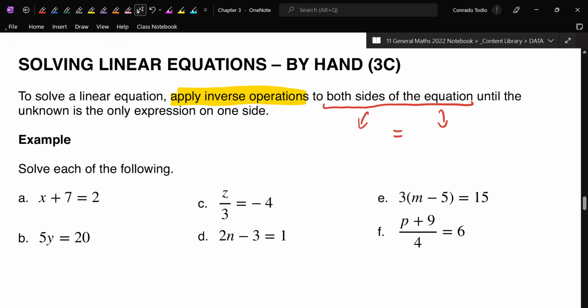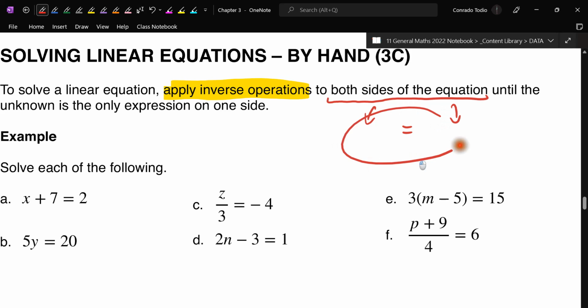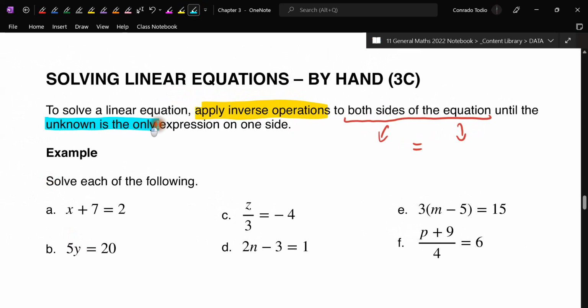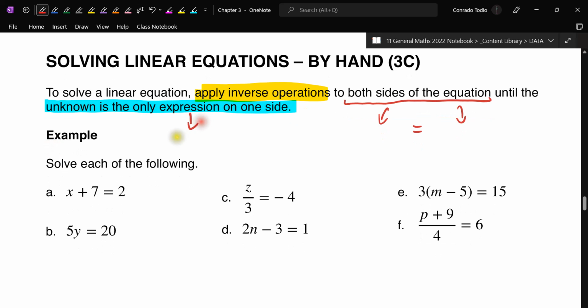For solving linear equations, you have to focus on that equal sign, because whenever you move variables from one side to the other, you're going to have to apply what we call the inverse operation. And the idea is you want to make sure that the unknown expression is on one side, or how I would reword that, by itself. So you're trying to make sure that the variable you're trying to look for ends up being by itself. Because that's essentially how we solve it.